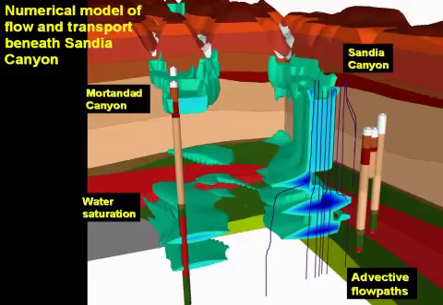We used a numerical model to analyze the 3D flow through the vadose zone. Again, this is Sandia Canyon, this is Mortandad Canyon. The infiltration along these canyons impacts the distribution of water content in the vadose zone. These greenish blobs are showing increased saturation. The blue regions are very high saturation, almost fully saturated portions of the vadose zone.